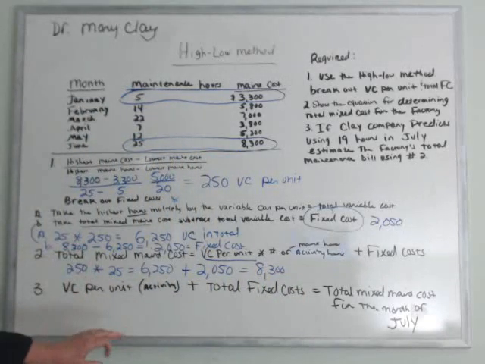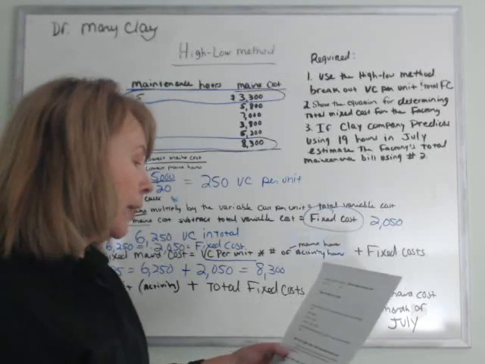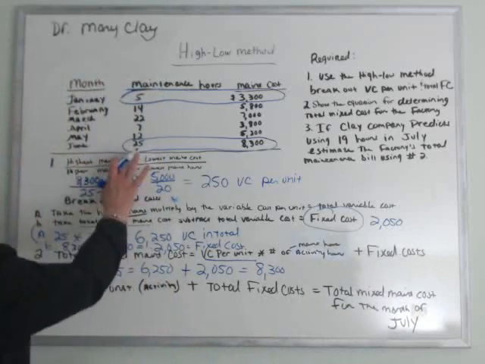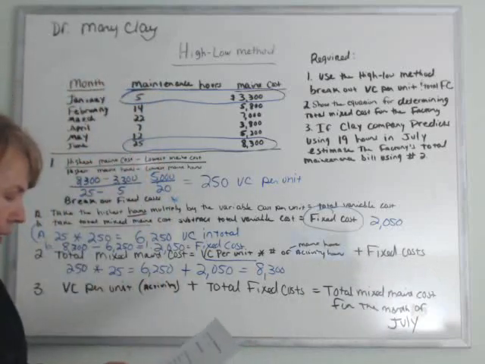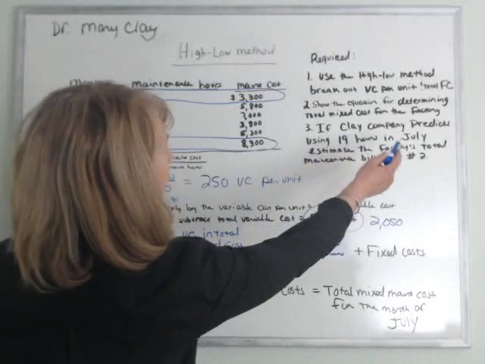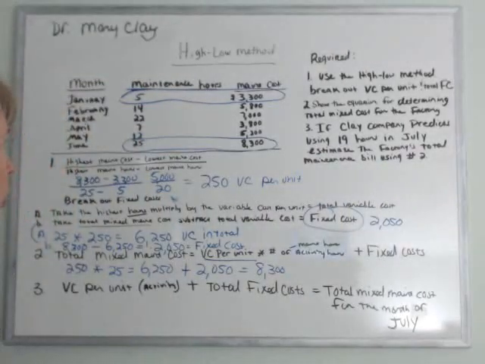Now, in this problem, I state that Clay Company is predicting using 19 maintenance hours in July. So we're kind of estimating July. So how are we going to do that? If Clay Company predicts using 19 hours in July, estimate the factory's total maintenance bill by using number 2.